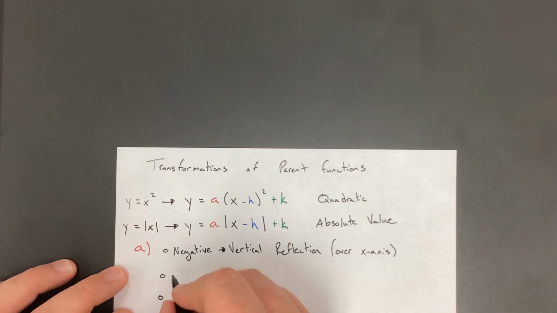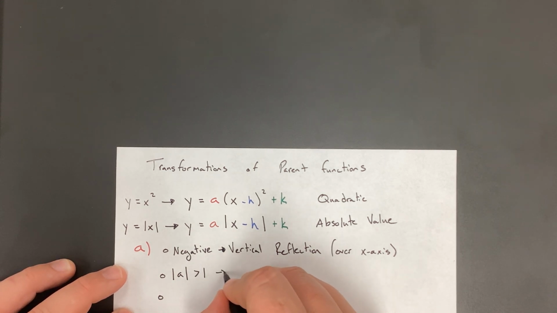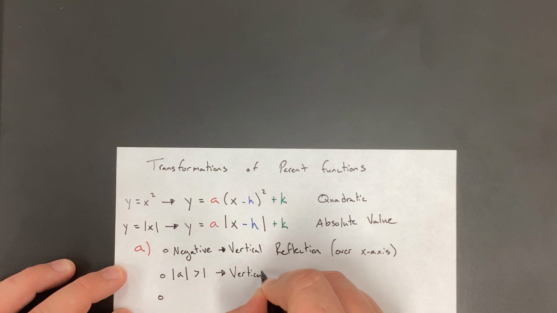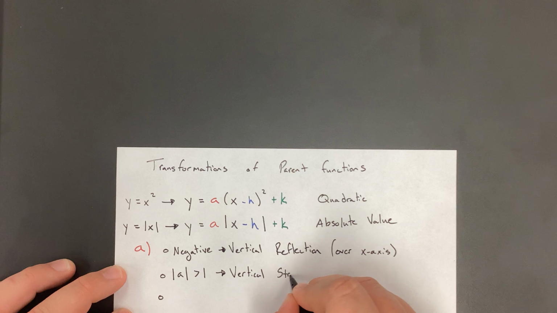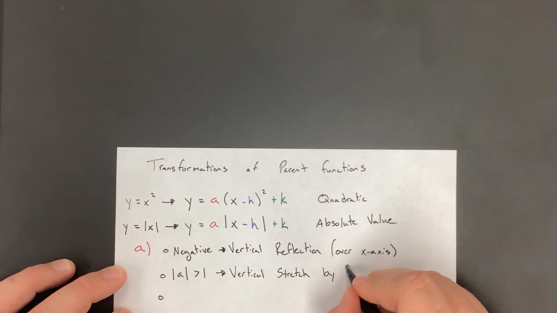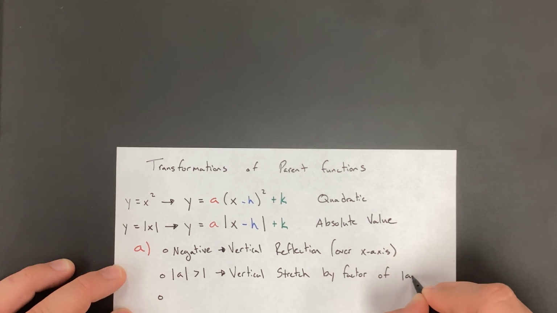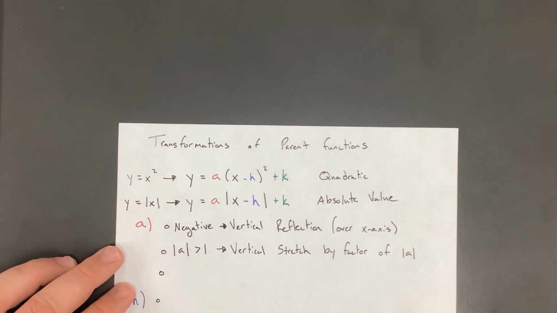The next thing is if the absolute value of a is greater than 1, then we are going to have a vertical stretch by a factor of the absolute value of a.